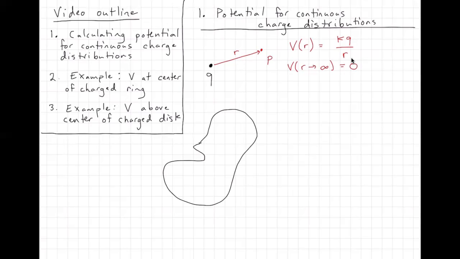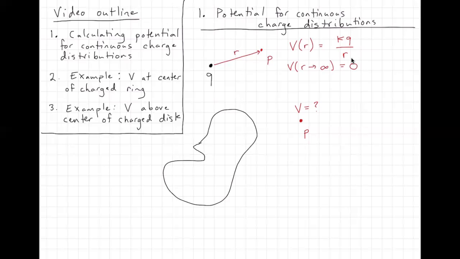A question that I could ask is, what's the potential at some point P out here? And this is a question that's similar to questions we've asked before. We've done things like asked, what's the electric field at that point in space? And the approach for potential will kind of go the same way.